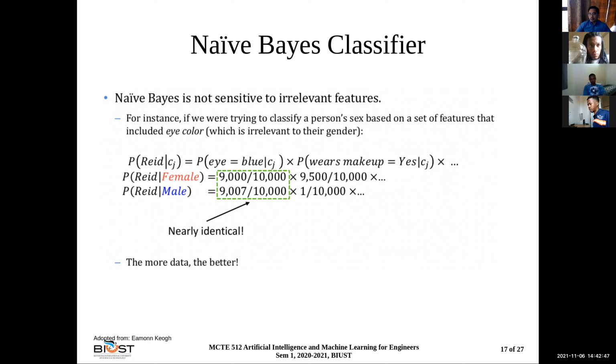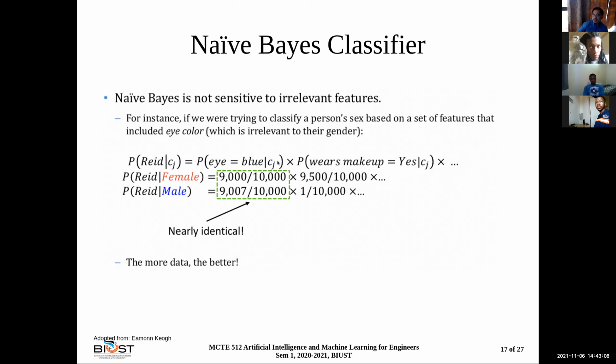What we are saying here is that this is just hypothetical data. But in this case, the data shows that blue eyes for male and blue eyes for female do not really matter much.